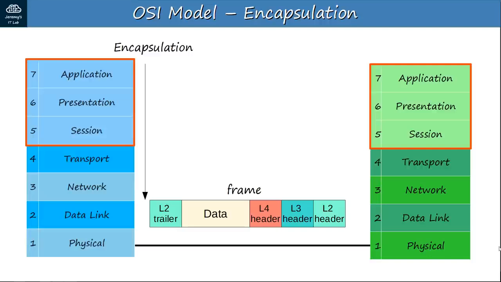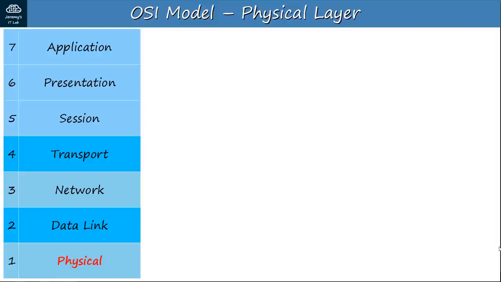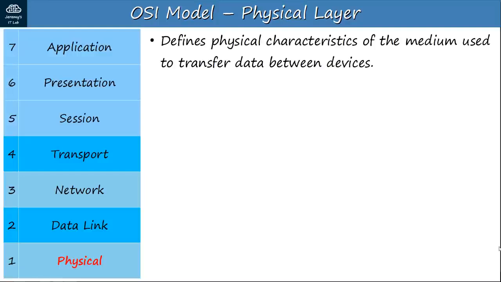Let's look at layer 1 of the OSI model a bit before moving on. Layer 1 of the OSI model is the physical layer. The physical layer defines physical characteristics of the medium used to transfer data between devices.